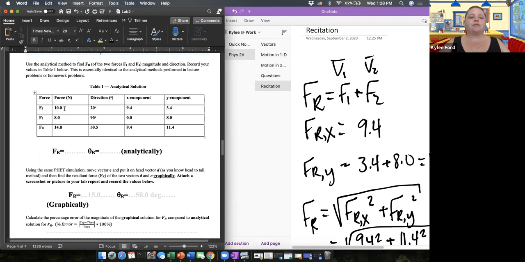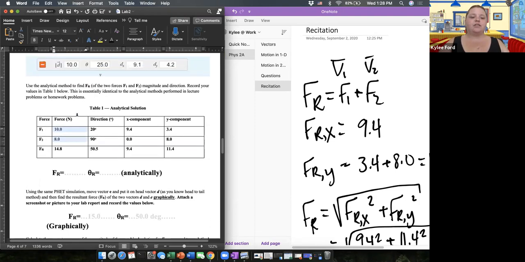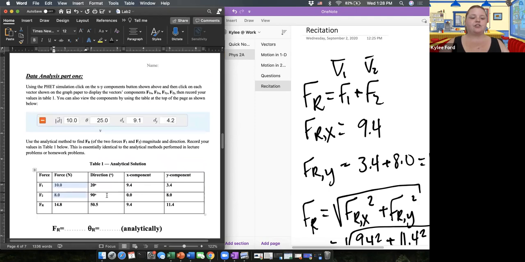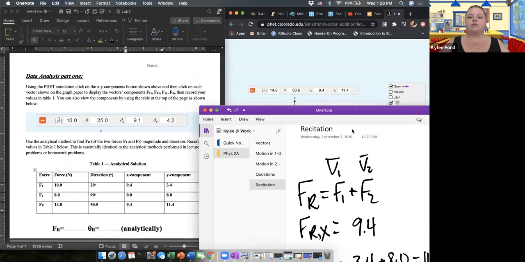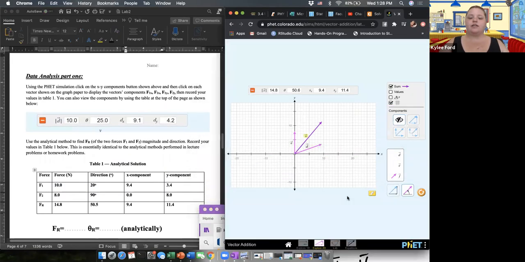So I took my first two forces, which were given to me, their magnitude and their direction. And then I wrote down their X and Y components, and that is from here. So I can click on my first vector, vector D. My magnitude is 10.